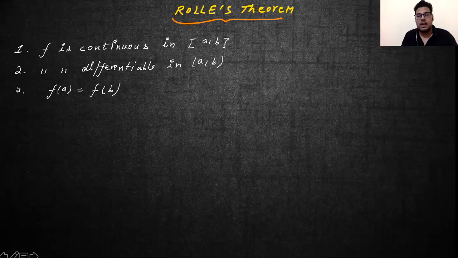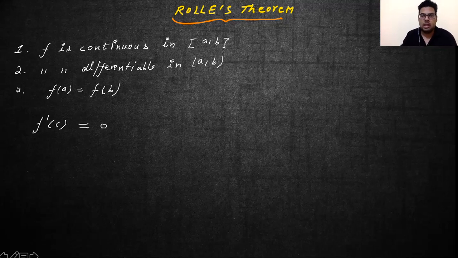So it is being applied in an interval actually, right? So what it says is, when we are discussing that there is some x which lies between a and b, so we say that f dash c, where c will be lying between a and b, equals 0.